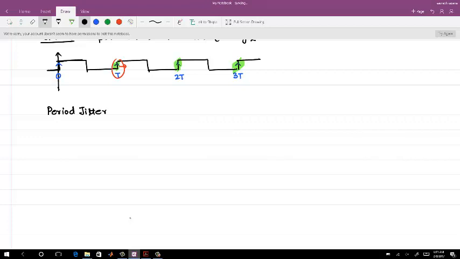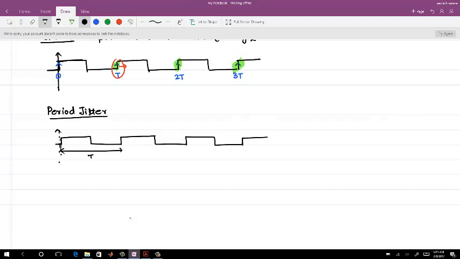I talked about this yesterday also. So period jitter: let's say I have a clock and I know the mean period of this clock.